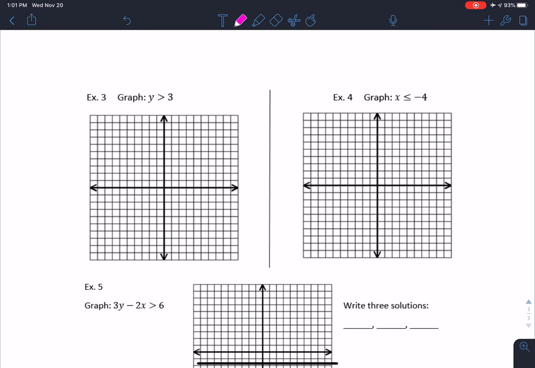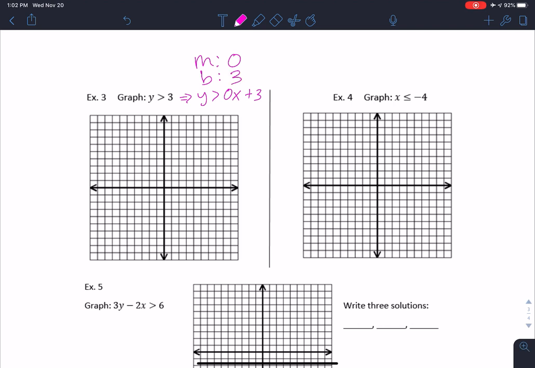On this one, I have y is greater than 3. So my slope is 0 since there's no mx. So another way to write this would be y is greater than 0x plus 3. Since the x is missing, it's a 0x, and my b, my y-intercept, is at 3.